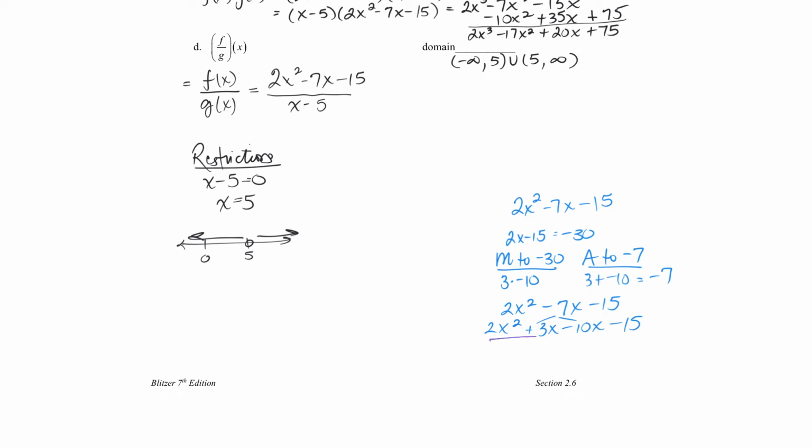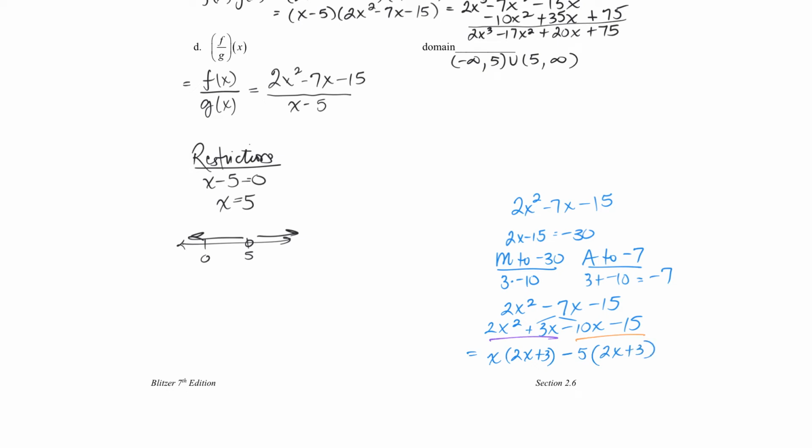So I'm going to group the first two and the second two. The only factor those first pair have in common is x, 2x plus 3, minus, common factor is a 5, negative 5 times what gives me negative 10x? 2x. Negative 5 times what gives me negative 15? Positive 3.